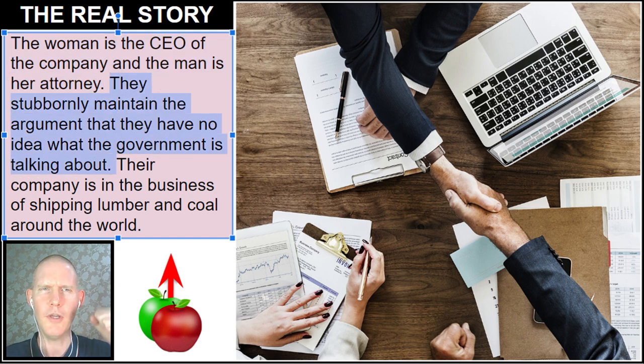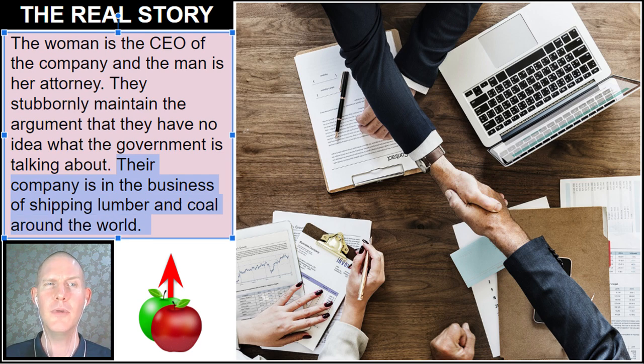They stubbornly maintain the argument that they have no idea what the government is talking about. Their company is in the business of shipping lumber and coal around the world.